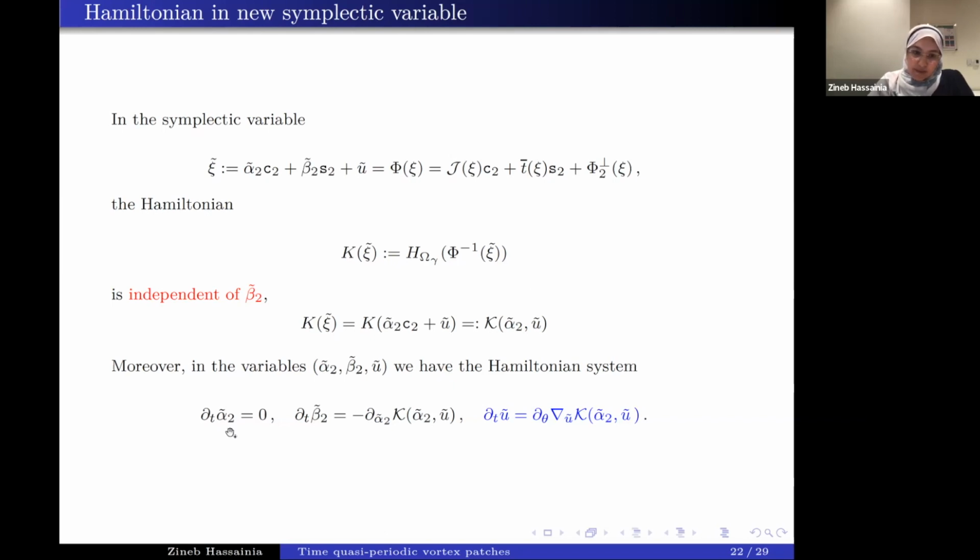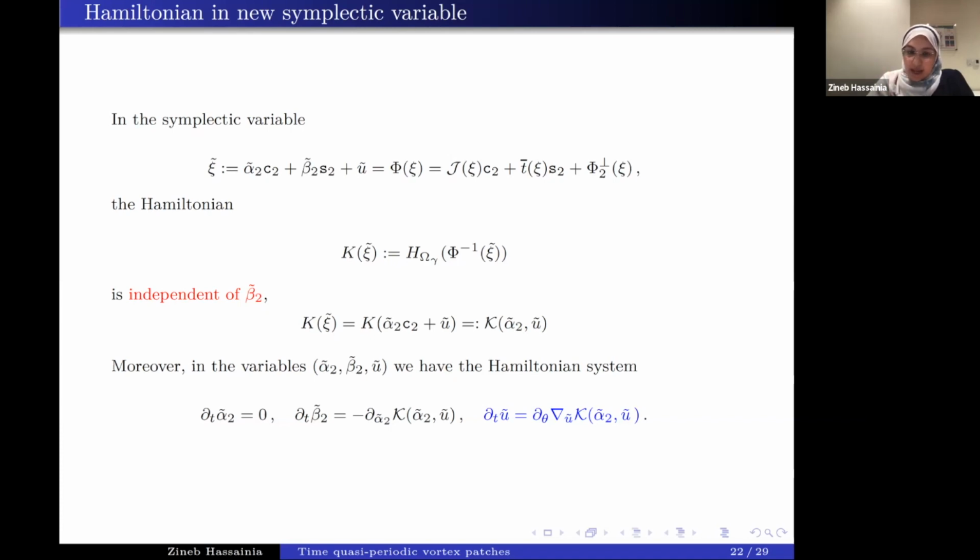So we fix alpha 2 tilde or G, and then solve for u tilde and recover beta 2. However, if we want to get a quasi-periodic solution, the right-hand side of this equation has to be zero average in time. Otherwise, we have a time growth.